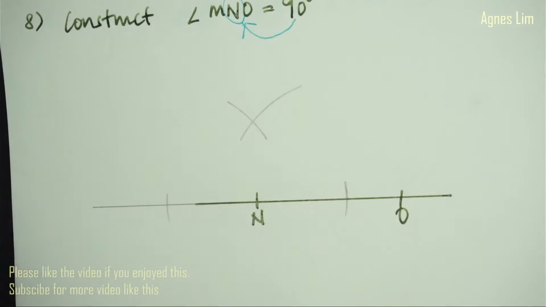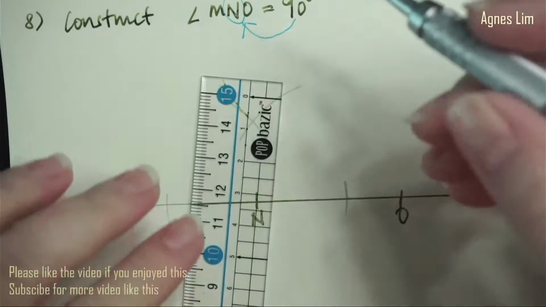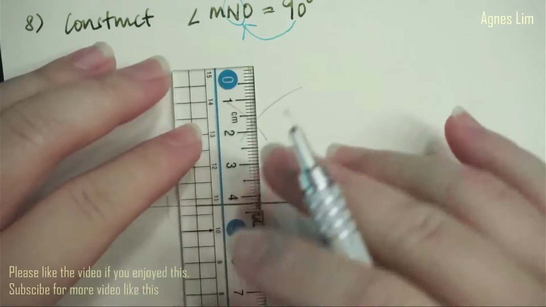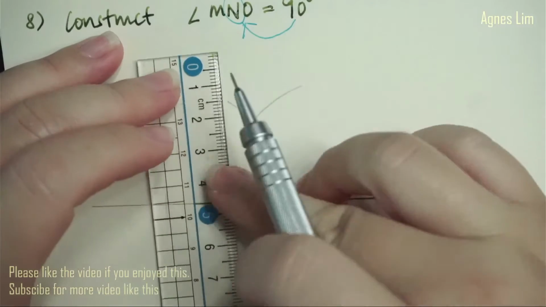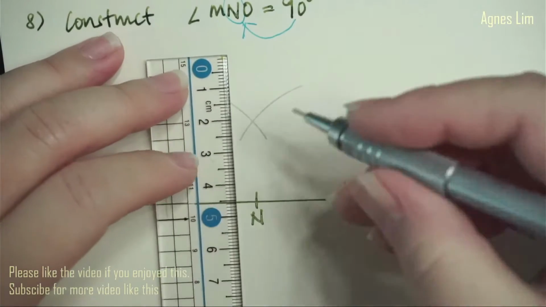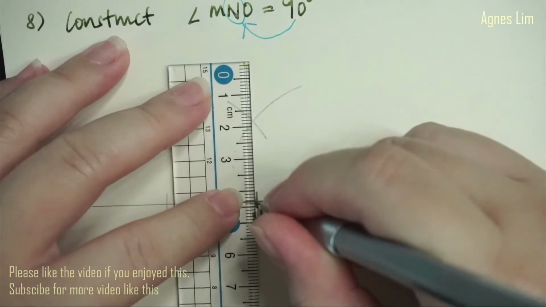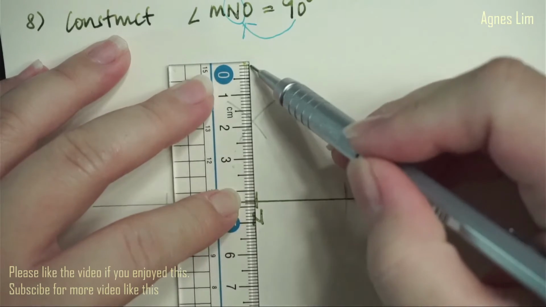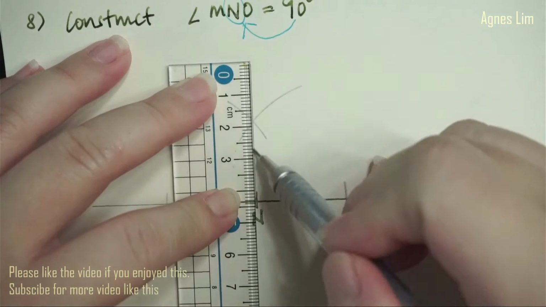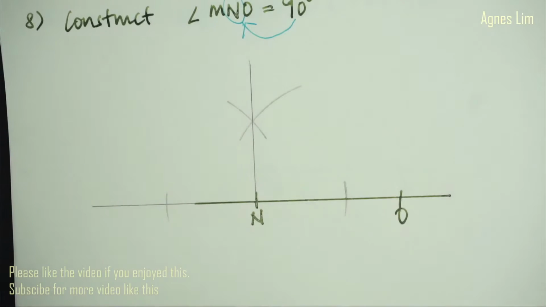Right, so we get this X. Anytime you see an X, it means you need to connect from point N to the intersection of these two arcs. So you get this one.